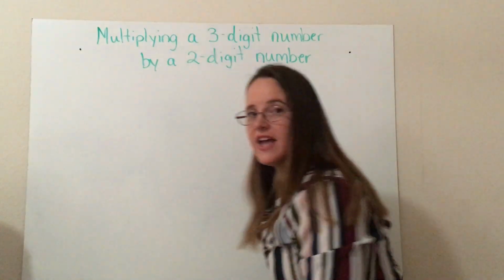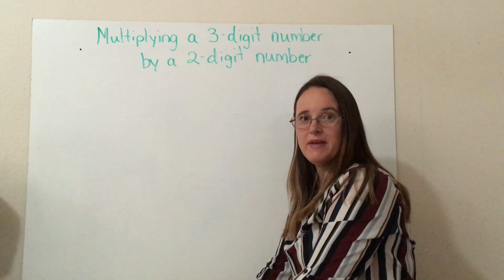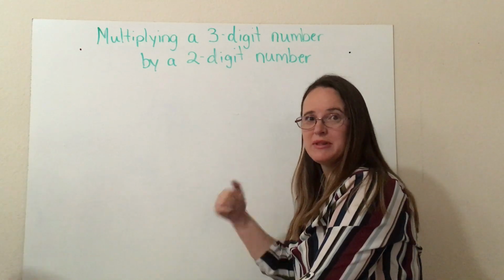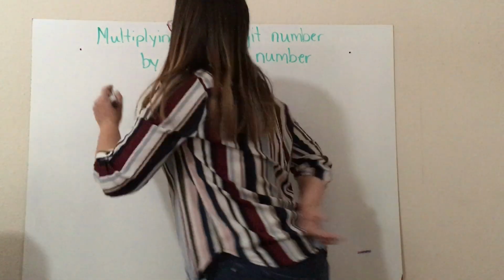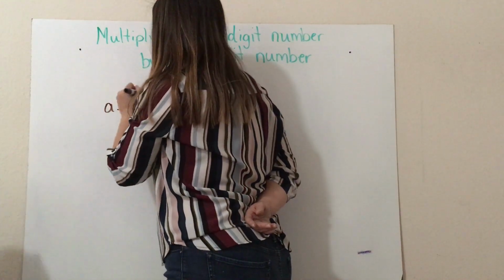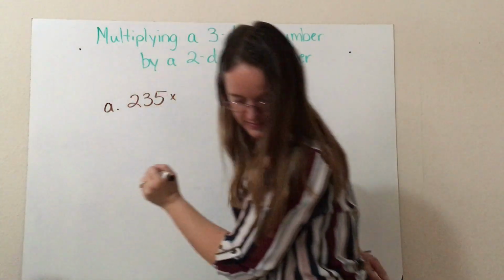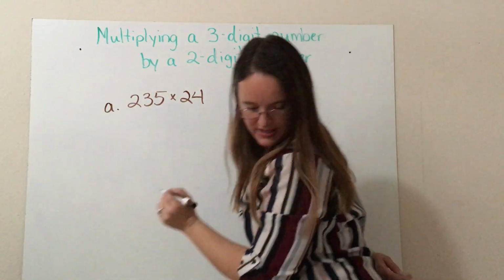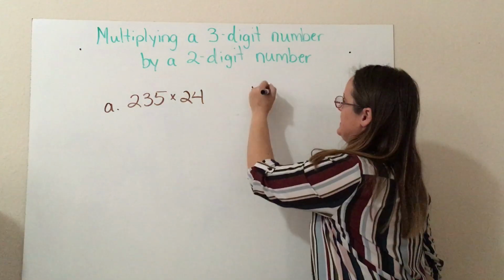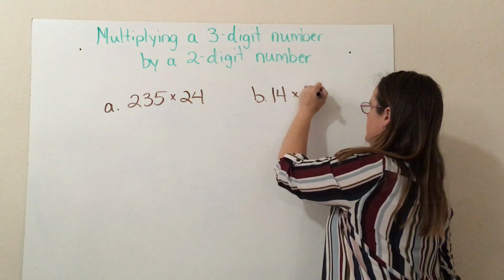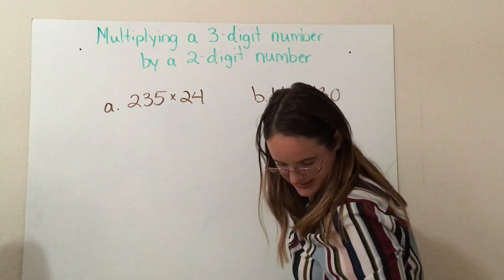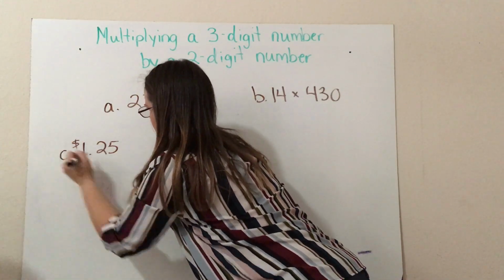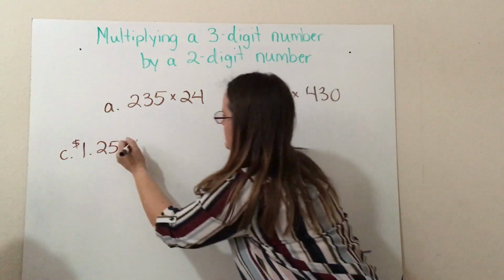Okay? The next thing we are going to do are the lesson practice problems. Once I get them up on the board, I would like for you to try them by yourself at home. Hit pause so that you can work on them without us interrupting you. And then when you've finished, hit play and we'll go over the answers together. So, A is 235 times 24. B is 14 times 430. C is $1.25 times 24.